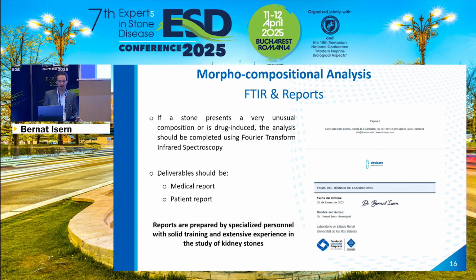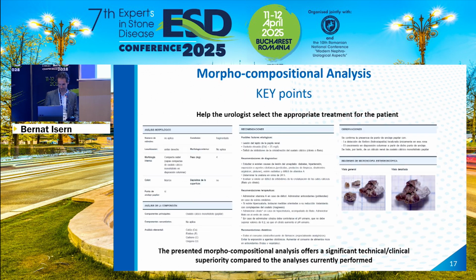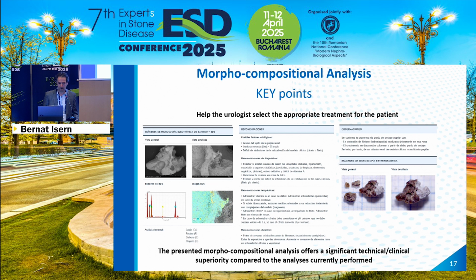Additionally, we generate a report for the patients with more general information and minor details. These reports are prepared by specialized personnel with solid training and extensive experience in the study of these kidney stones. To conclude, we could say that the presented morphocompositional analysis helps the urologist with the necessary information in choosing the best patient treatment.